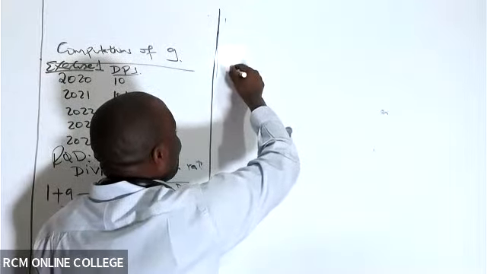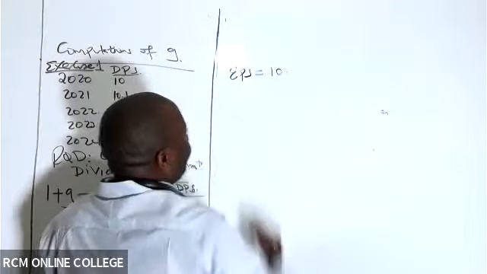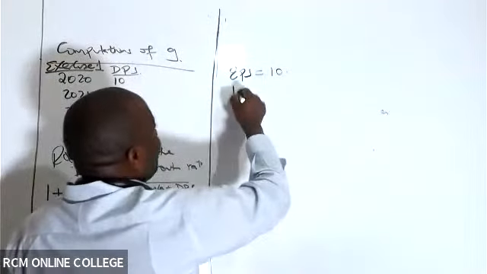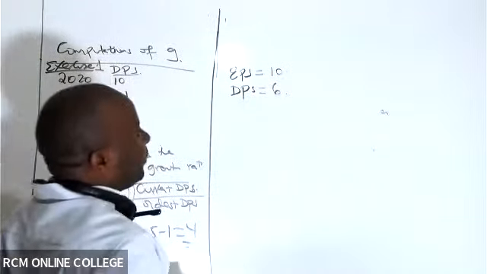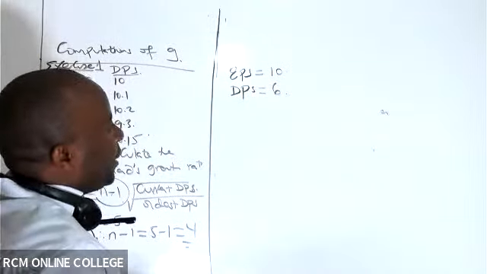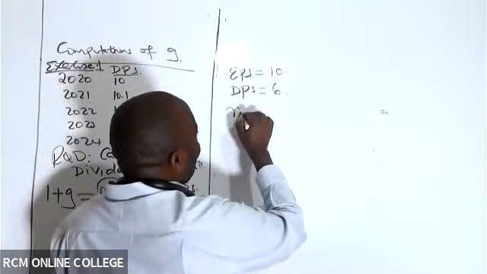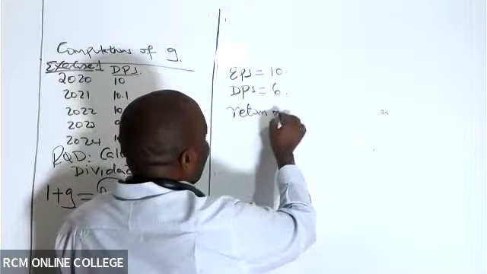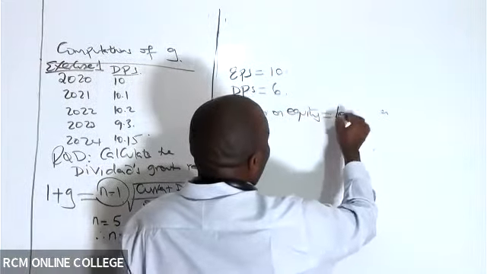Let's see here. We are given a situation where EPS is 10, dividends paid is 6, and return on equity is 10%.